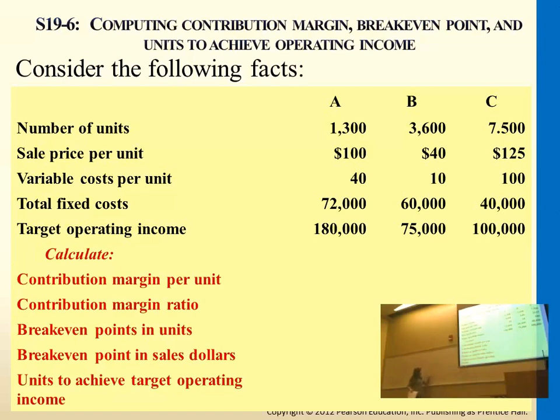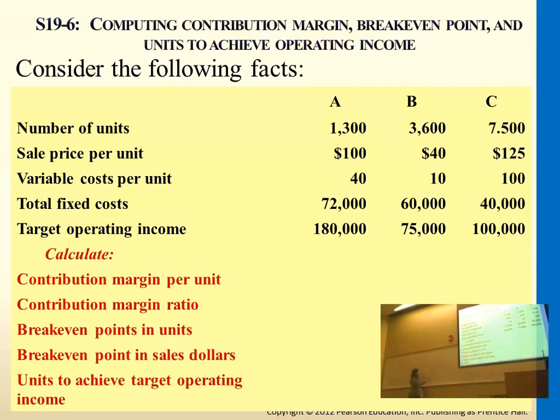We still need to cover fixed costs, so divide 72,000 by the contribution margin of 60. You should get 1,200 units, meaning the company has to sell at least 1,200 units in order to not have a loss.